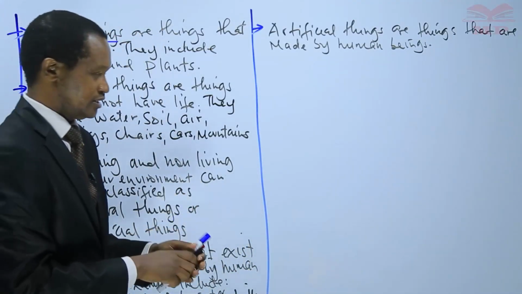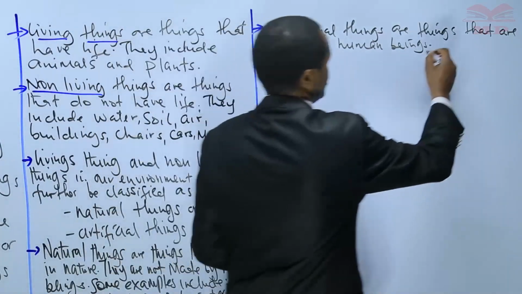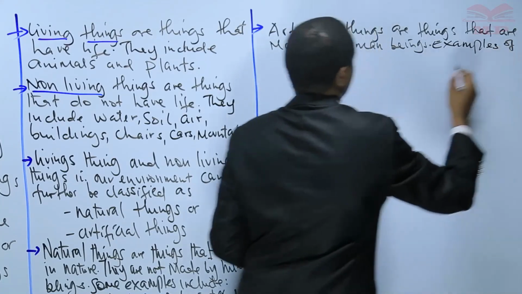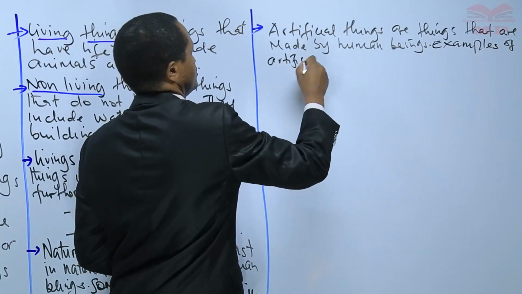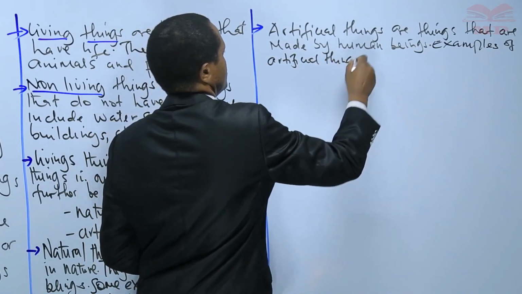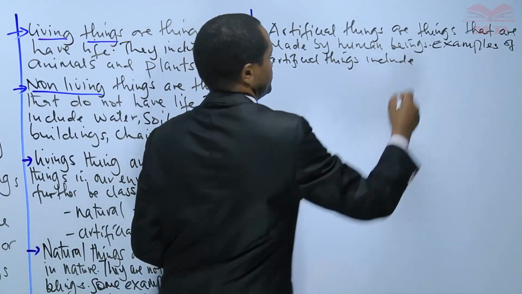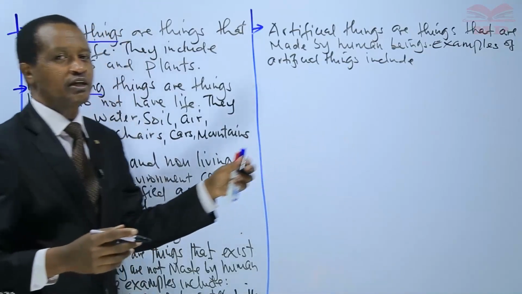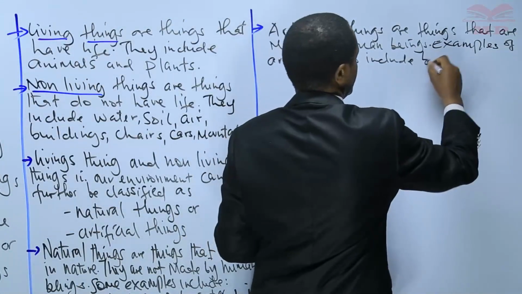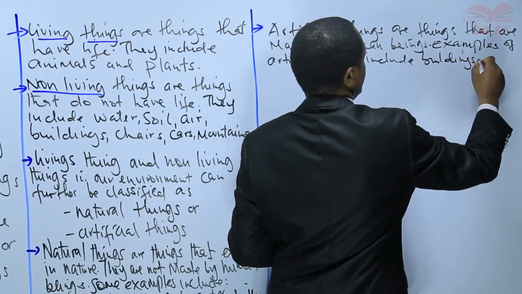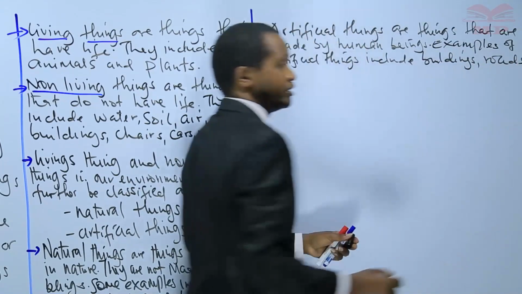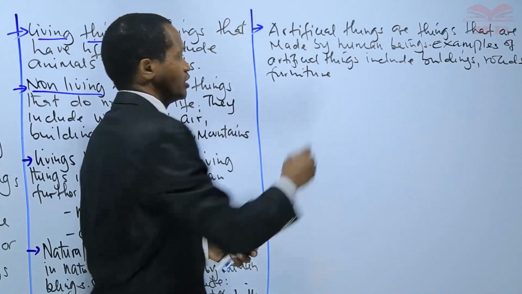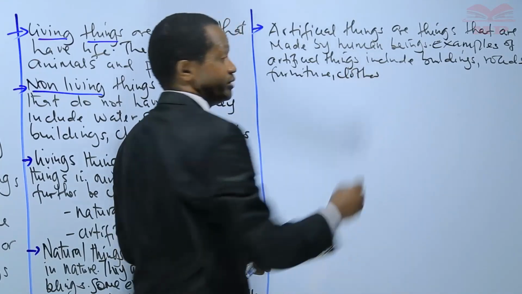Other examples of artificial things include roads, buildings. Buildings are made by human beings. Roads are made by human beings. Furniture is made by human beings. Clothes are made by human beings.